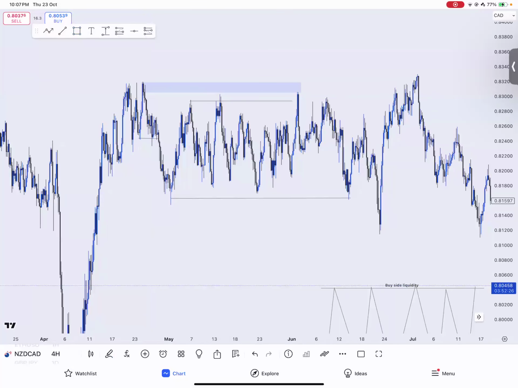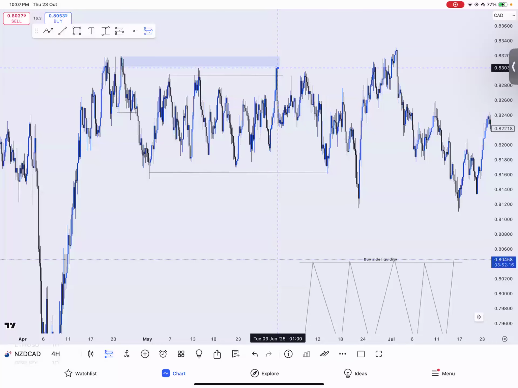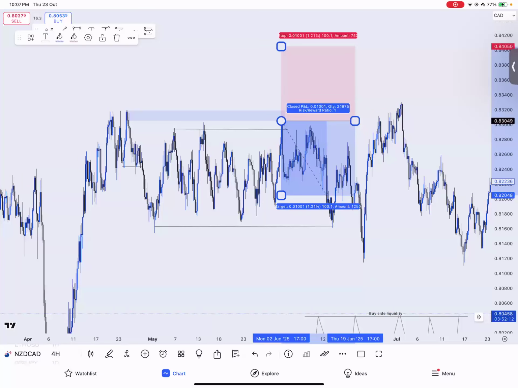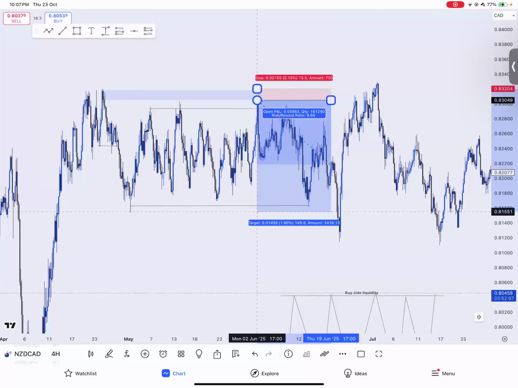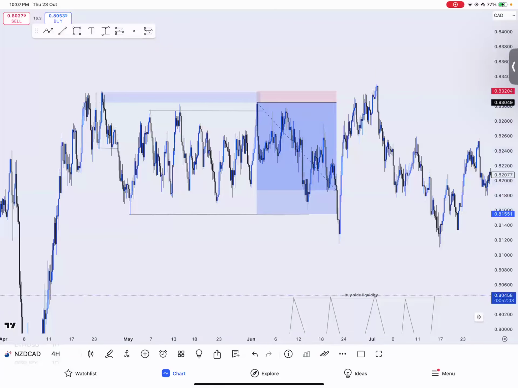So market is going to keep ranging. This is the buy side. Down here is the sell side. Until eventually it's going to sweep liquidity on the opposite side of the direction that market is meant to go to. So the market is meant to sell. It will sweep the liquidity on the upside first, then trigger the point of interest for the sell. Once that happens, the take profit level will end at the other side of the range, which will be down here for this sell side liquidity.